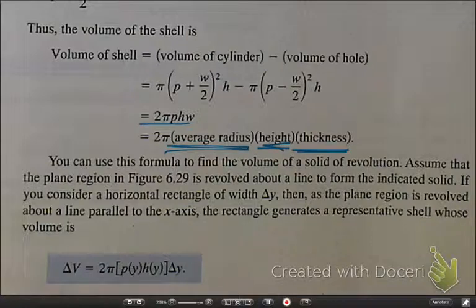Then your thickness, you're going to have the same thickness of the rectangle every single time because you will choose equal intervals. So that's going to be your thickness. It ends up looking like this formula down here. The change in volume would be 2 pi times P of y and h of y, which are functions of y because they're always changing, times the change in y. And then if you flip over to the next page, 428.